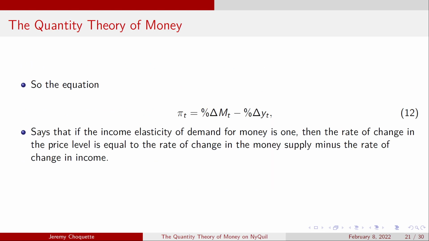That equation says that, should the income elasticity of demand for money be equal to 1, then the rate of change in the price level is equal to the rate of change in the money supply minus the rate of change in income.